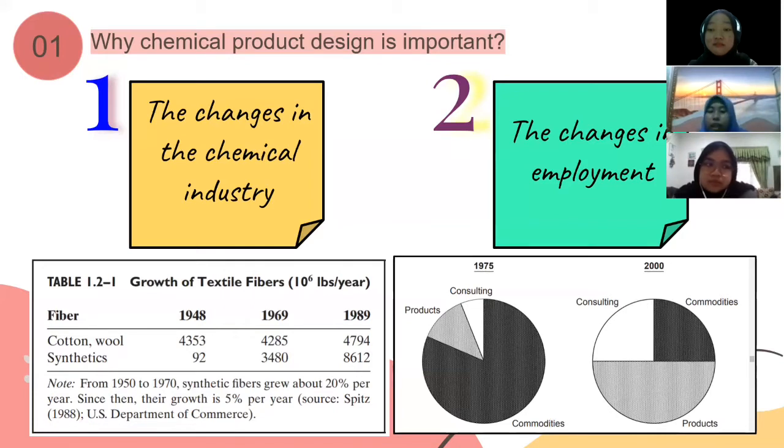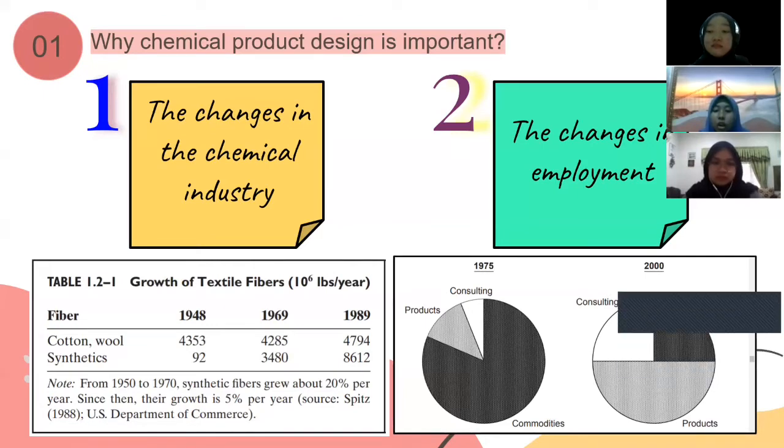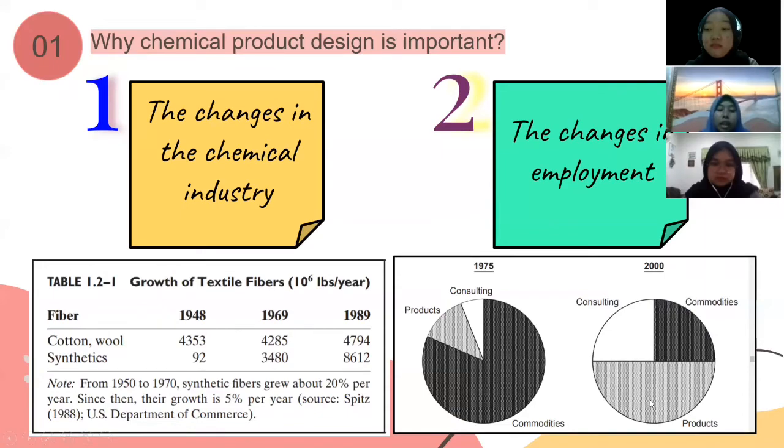For example, as we can see in figure number 2 shown here, there is an increase in the percentage of the engineering graduates who went to work in consultation, commodity, and product from year 1970 to 2000. So there is a large number of chemical engineering graduates who get to work in industries.